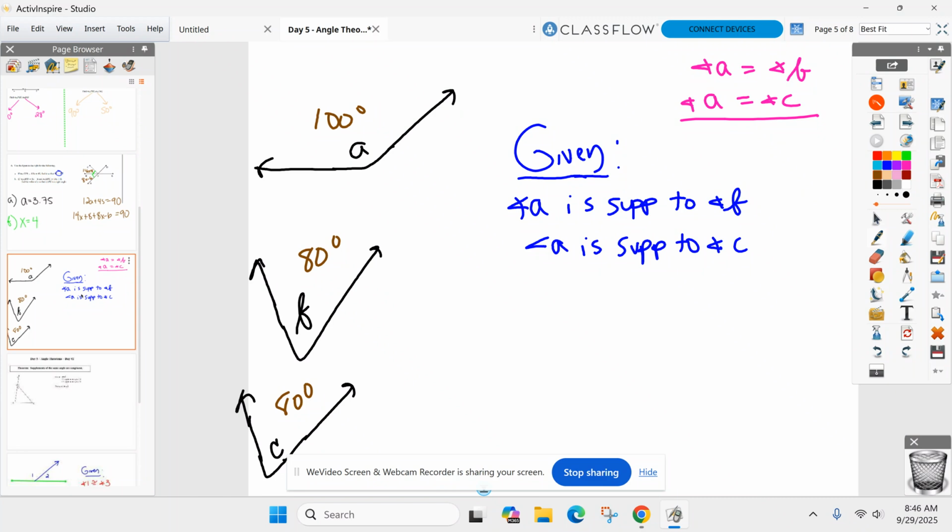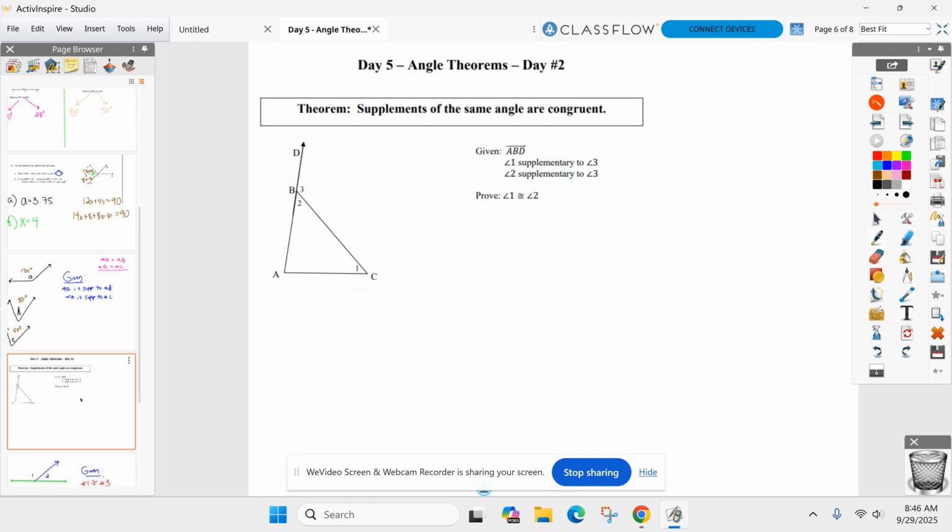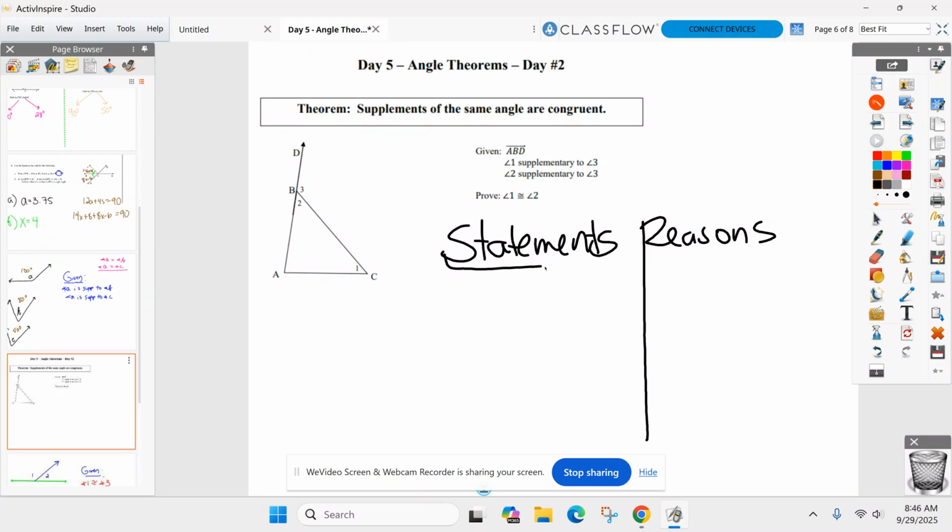All right, all good? All right, so let's go back here to our first proof. 1 is supplementary to 3, 2 is supplementary to 3. I want to know why 1 and 2 are congruent. Well, here we go. There's no markings, by the way, if anybody's wondering. There's no markings to say 2 angles are supplementary.